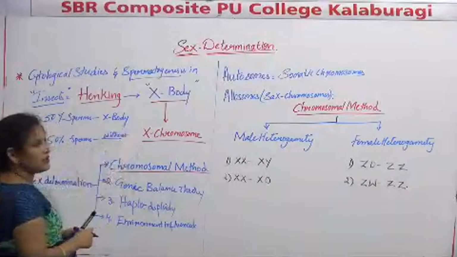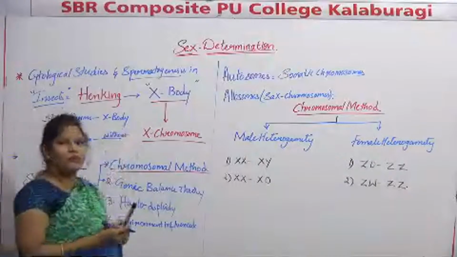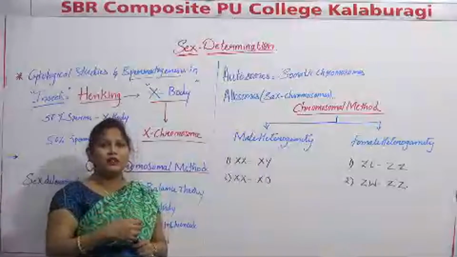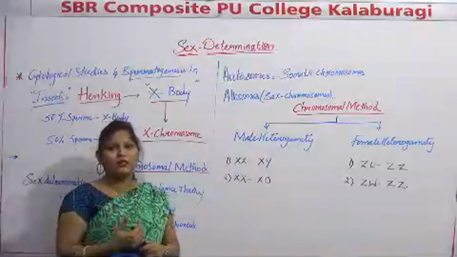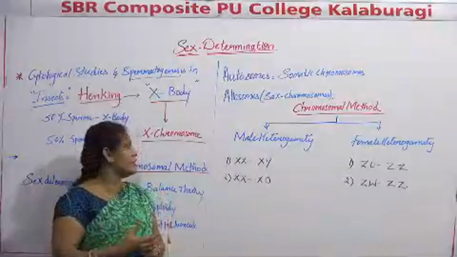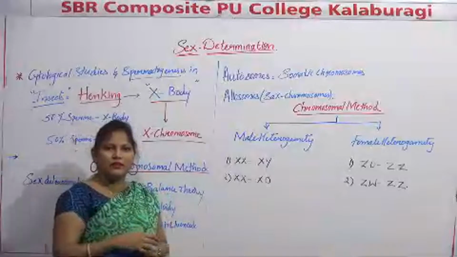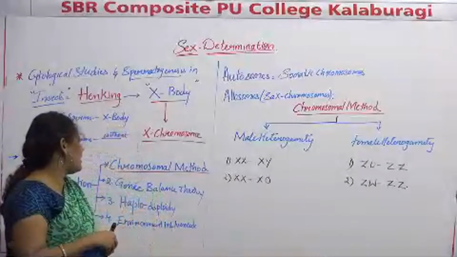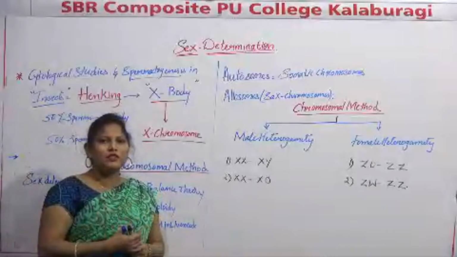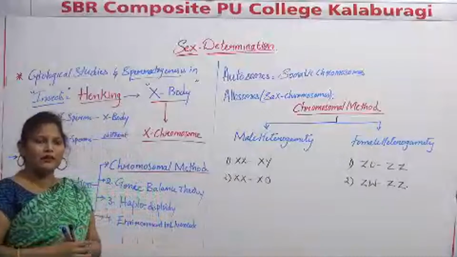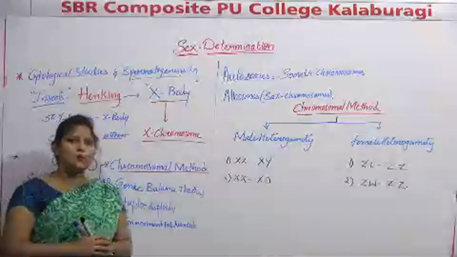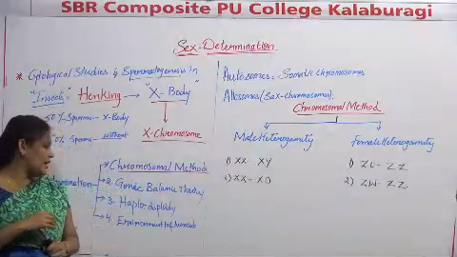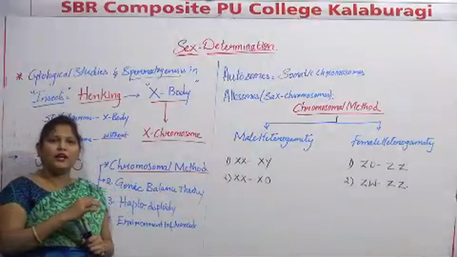He could not specify its significance, and later other scientists identified the X body as the X chromosome. There are four methods of sex determination: chromosomal method, genic balance theory, haplodiploidy and environment influenced method.